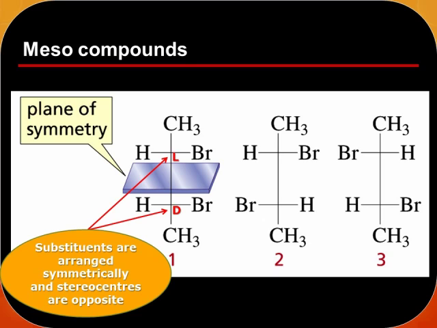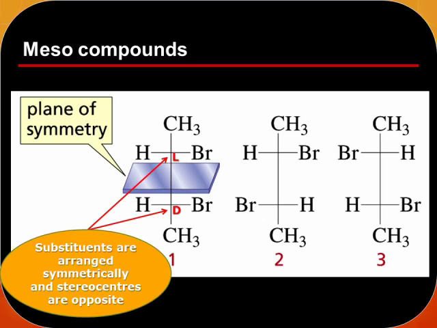Look, these substituents are arranged symmetrically, both. Right? And stereo centers are opposite. So this is the reason why this compound will not possess any chirality. Right? That means internally those two shapes are superimposable due to the plane of symmetry.